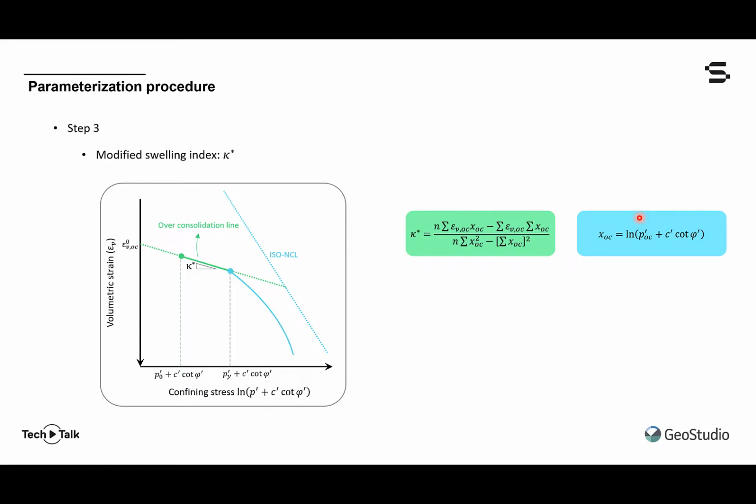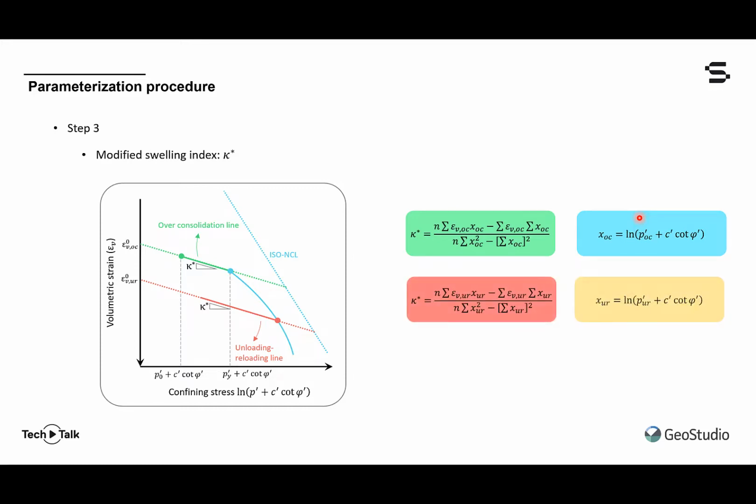Now, an alternative method for estimating the constant kappa star is to use the corresponding parameters measured during an unload-reload step. For a normally consolidated soil, this unloading-reloading process is required for estimating the kappa star value.